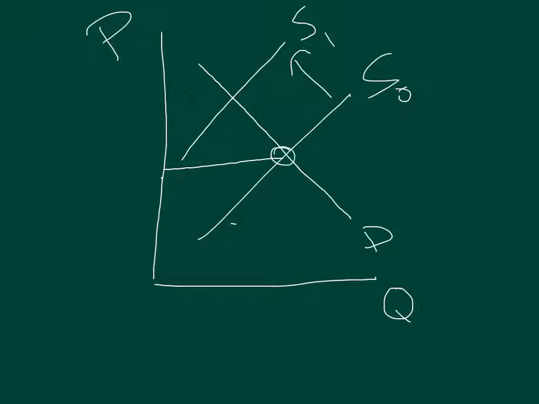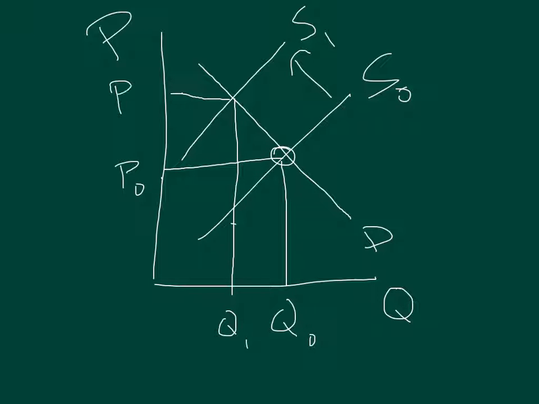Here was the original market clearing price, P0, and we had a quantity demanded and a quantity supplied of Q0. Afterwards, we had a new, lower supply, and we ended up with something that looks like this, Q1 and P1.